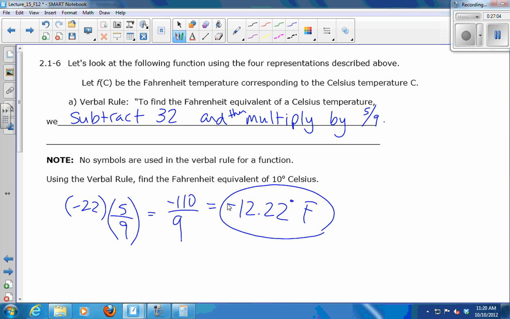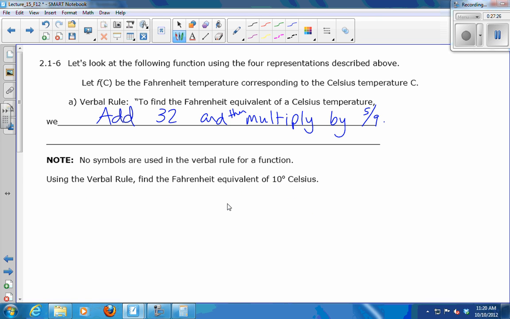Multiply by 5/9 first. Celsius to Fahrenheit. Add 32. Okay. So I take 10 and I add 32, I get 42, then multiply by 5/9. 9/5, okay.